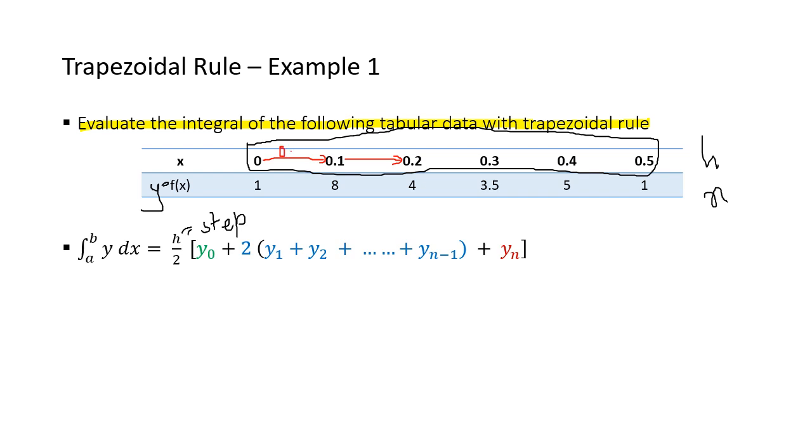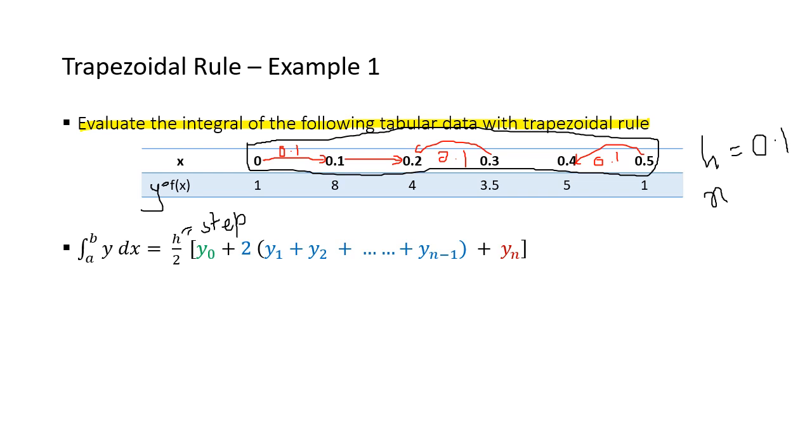So that is h, 0.1 minus 0, and you will find that the difference between any two consecutive values of x is 0.1. For example, 0.3 minus 0.2 is again 0.1. Similarly, 0.5 minus 0.4 is again 0.1. So that's why the value of h is 0.1 for this example.